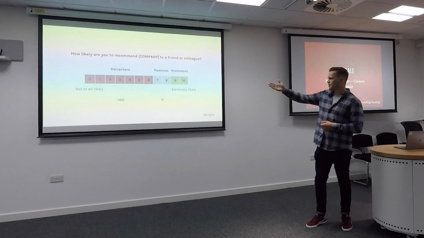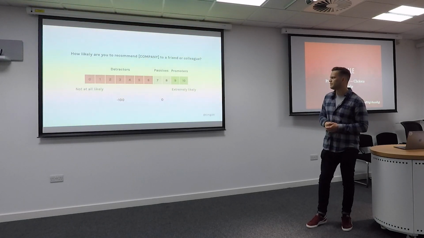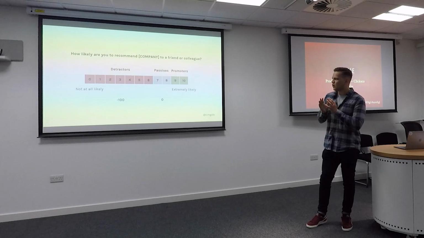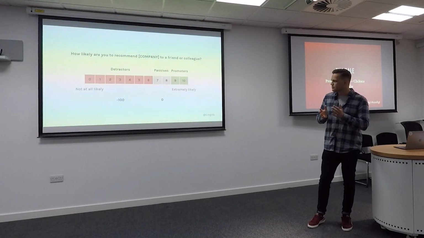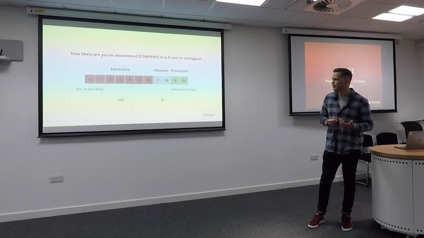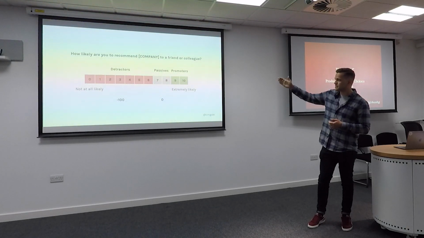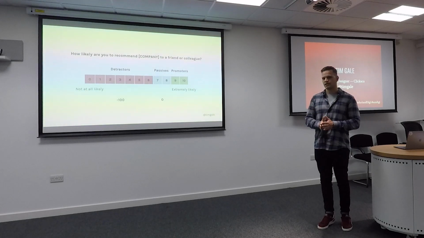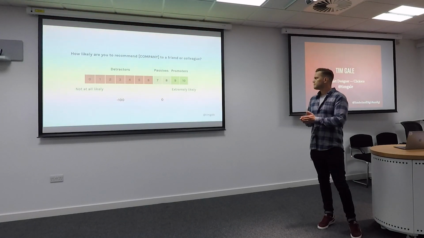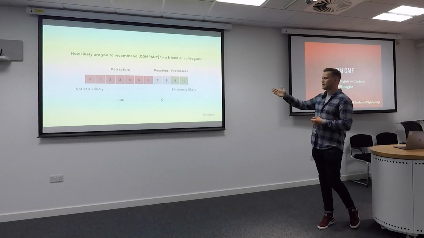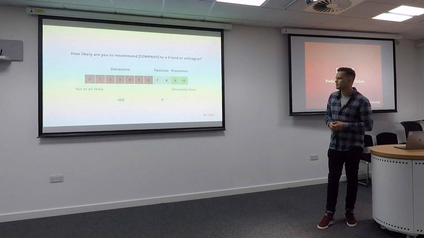So if we look at 0 to 6, the first 7, if all of your customers say, right, I'm giving you a 6 because I'm happy with your product, I'll only give you a 7, but it's still a reasonable score, you're going to get a minus value out of that. It's not until you get into the passives, as they're known, that you start to hit that tipping point. And anything above that, you're going to start getting into the positive figures.